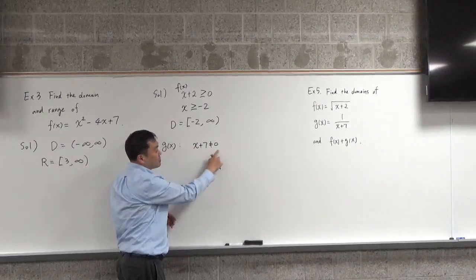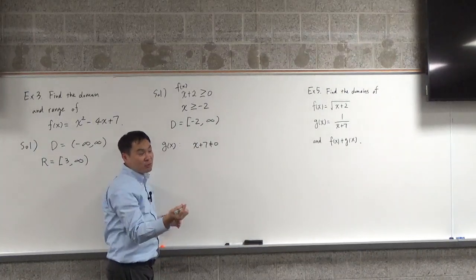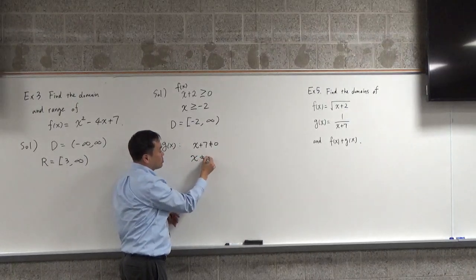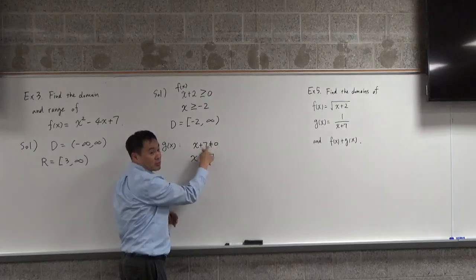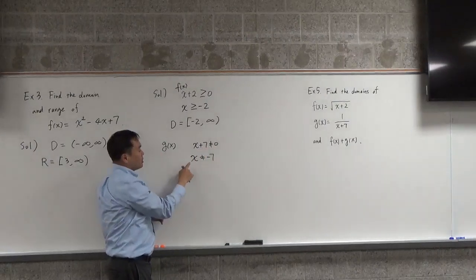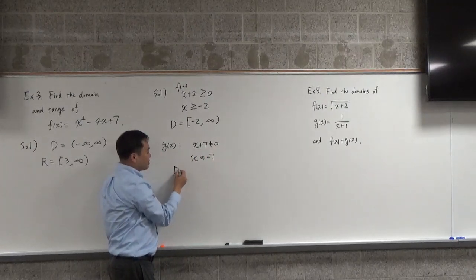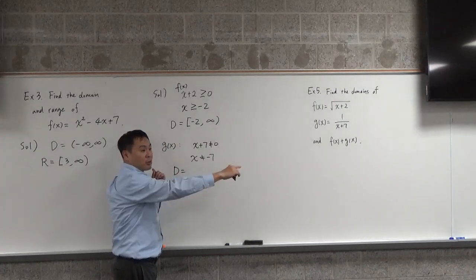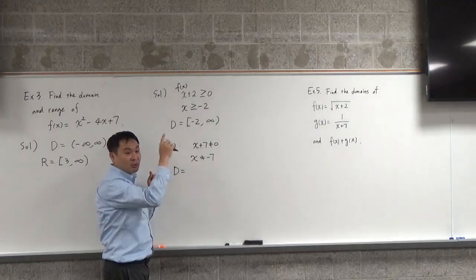And you can solve this non-equality just like how you solve equality. You just subtract 7 both sides and you get x not equal to negative 7. Okay. And that one, if you want to write in interval notation, what's that? Again, you have an entire number line. You take the negative 7 away.